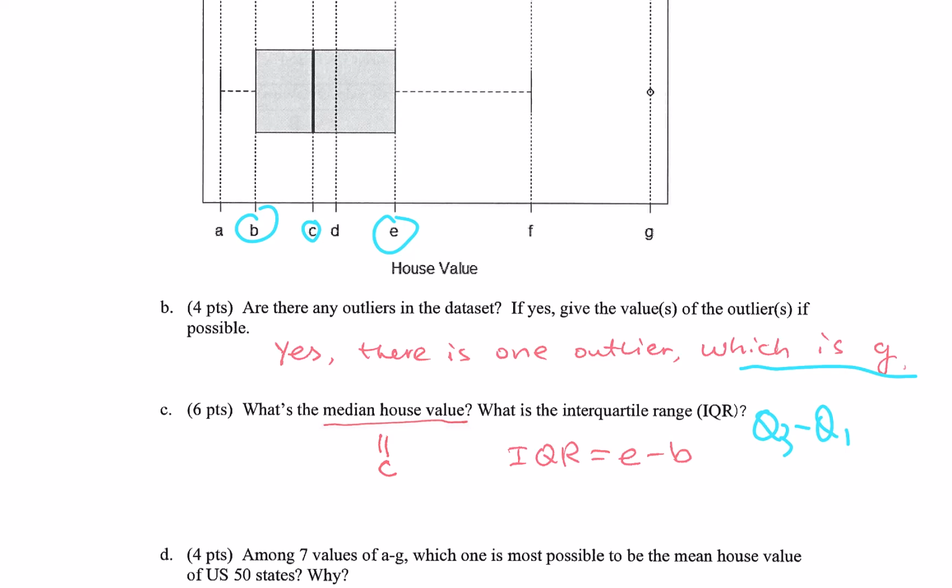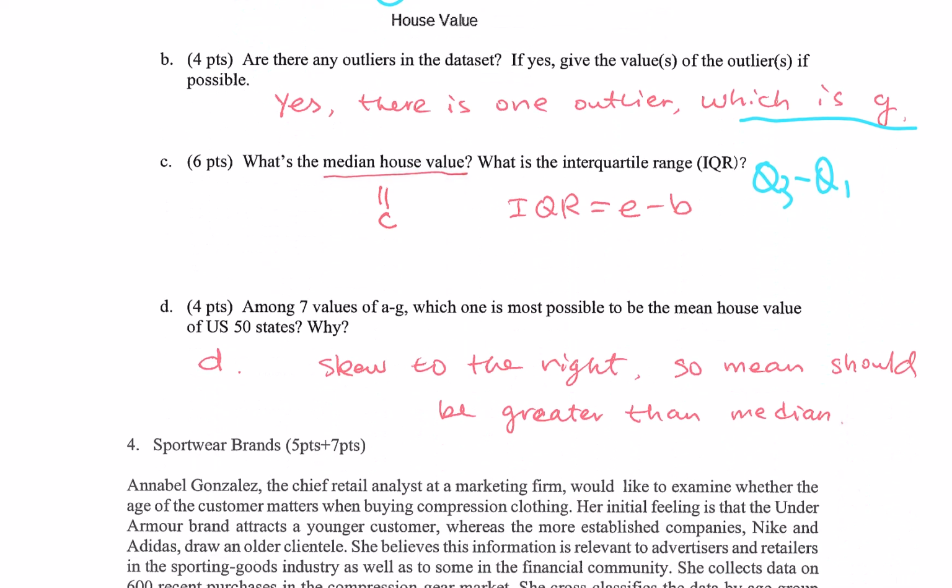G is the largest number. F is the second largest number, and E is the third quartile. So the only thing left now is D. And obviously, if this shape is skewed to the right, we know the mean usually is bigger than median. Okay, so D is the mean.